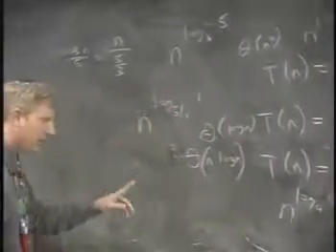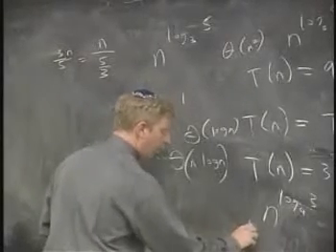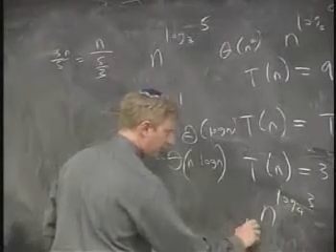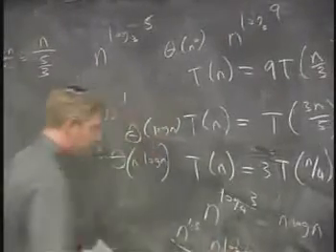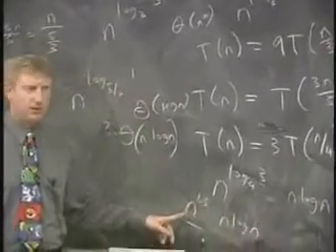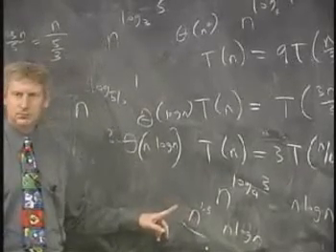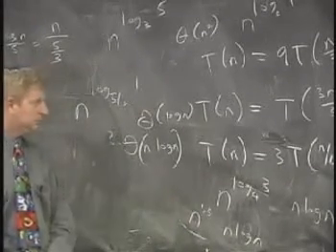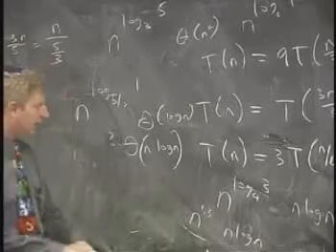So let's go back and compare this one. Here we get n to the 1 point something, say 1.3, and we have n times log n. Is it okay to use our trick? Is it polynomially bigger? Oh, sorry, this isn't 1.3.